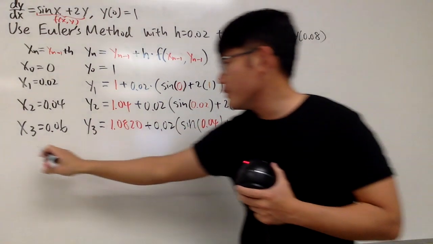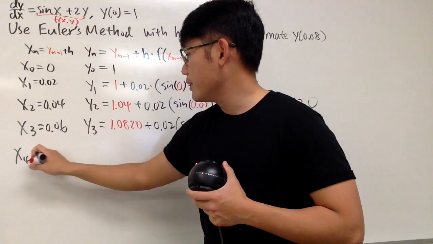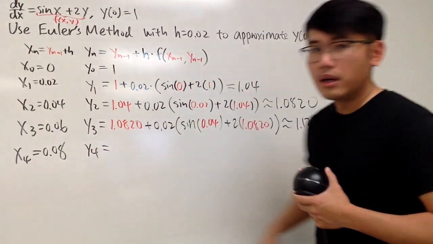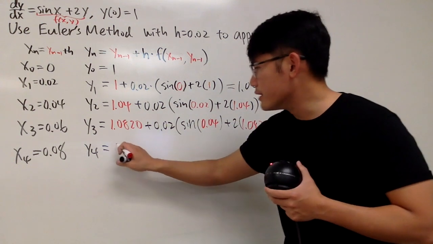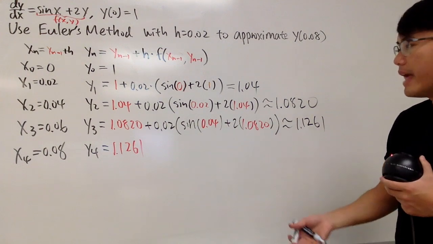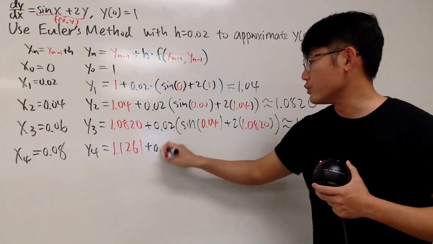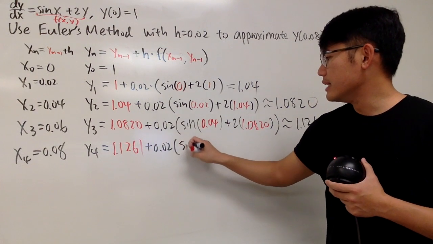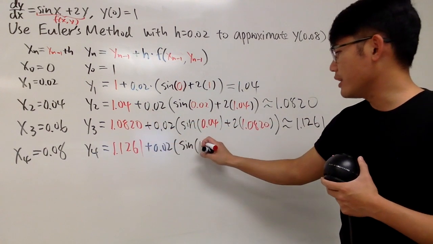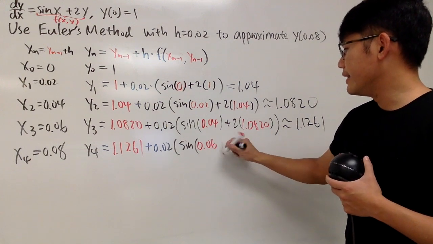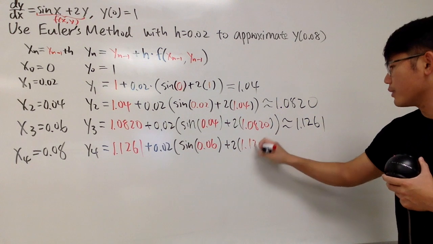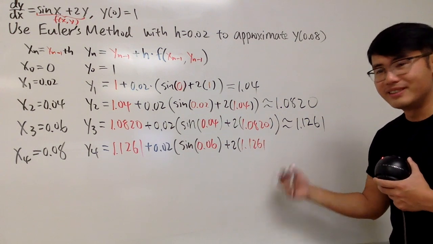One more, because we want to end up with y of 0.08. So the x value for this one is precisely 0.08. And then y4, again, put down the previous y value, which is 1.1261. Then you add the h, which is 0.02, times sine of the previous x value, 0.06, and then you add 2 times the previous y value, 1.1261.